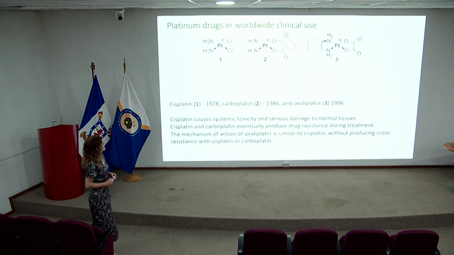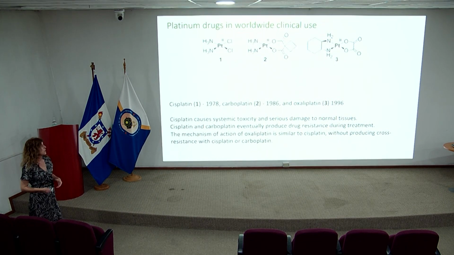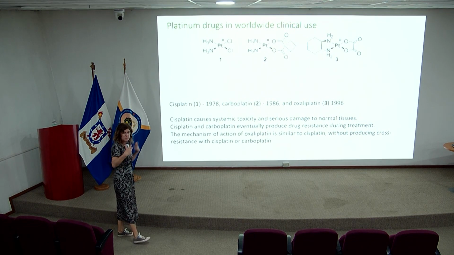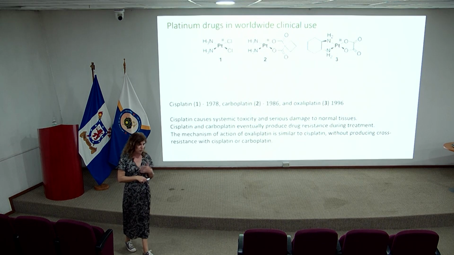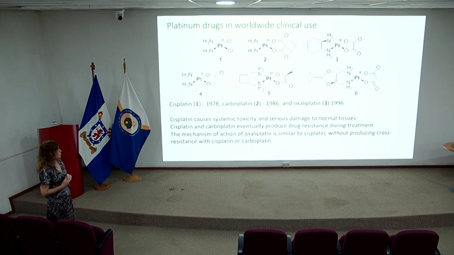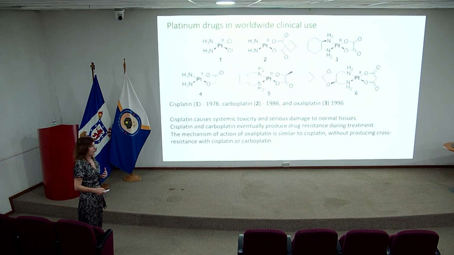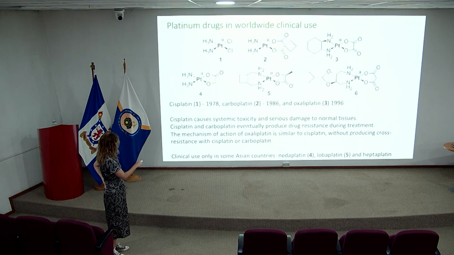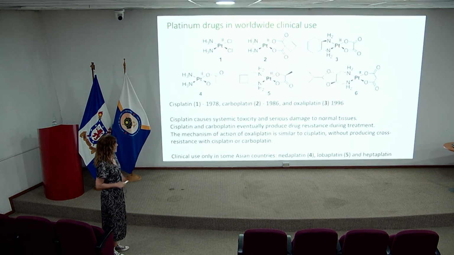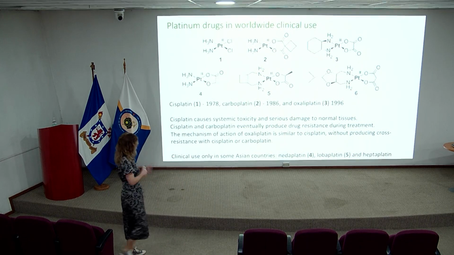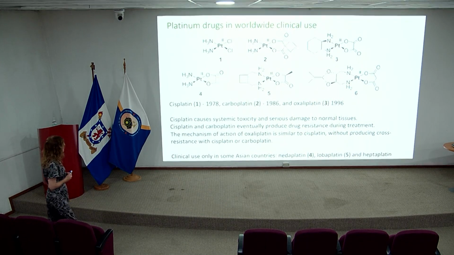So these compounds were very useful in the treatment of many types of cancers: breast, ovaries, colorectal, all kinds of cancers. And in some countries, other drugs were marketed, okay? So you have here the examples of nedaplatin, lobaplatin, and miriplatin. They are mostly used in Asian countries. And it's the same type of strategy.